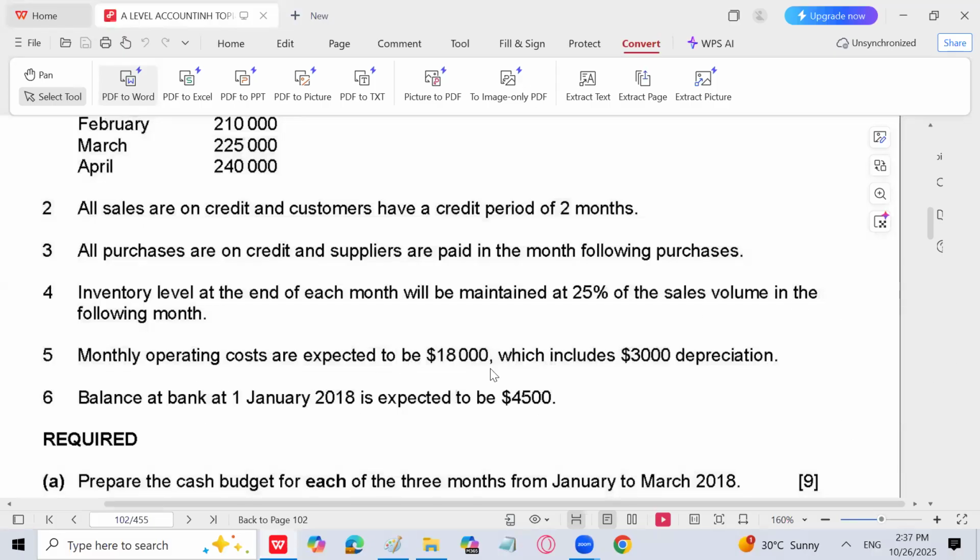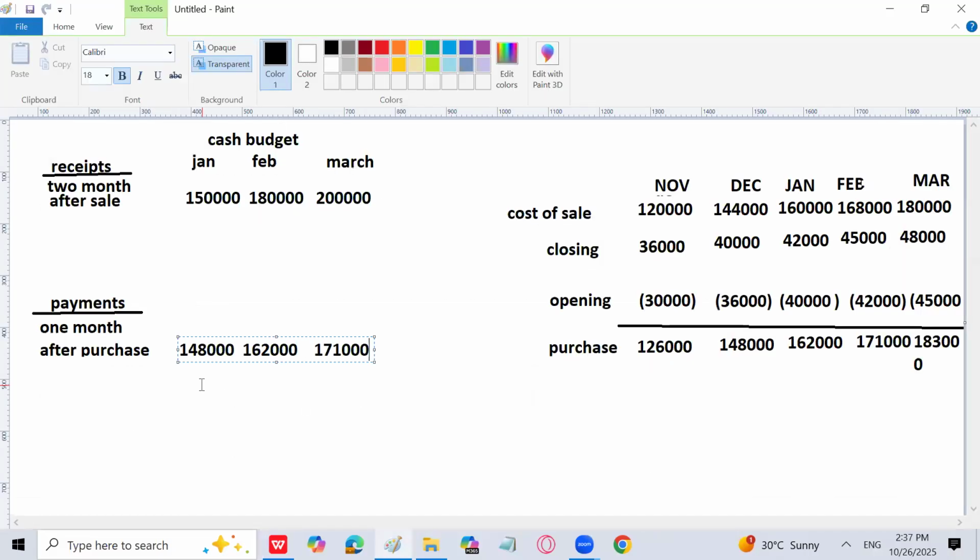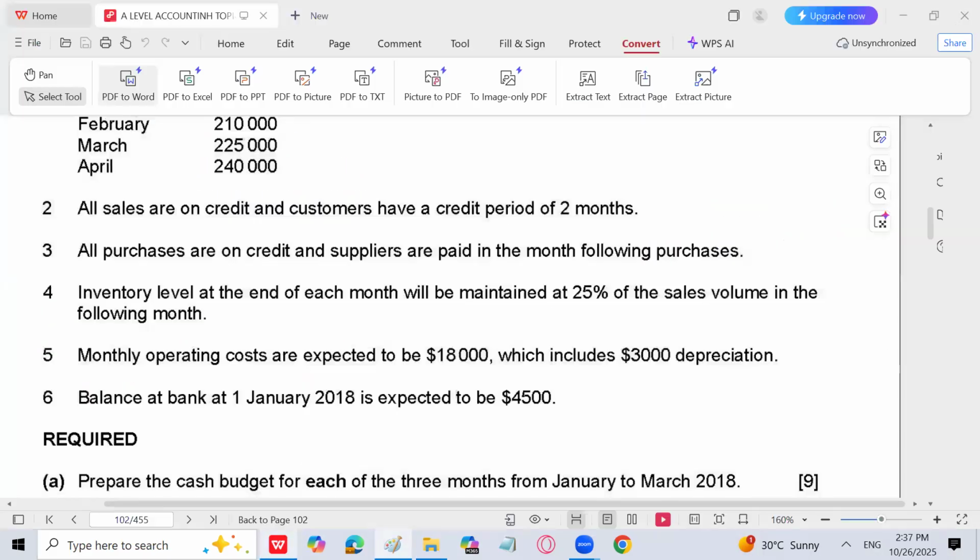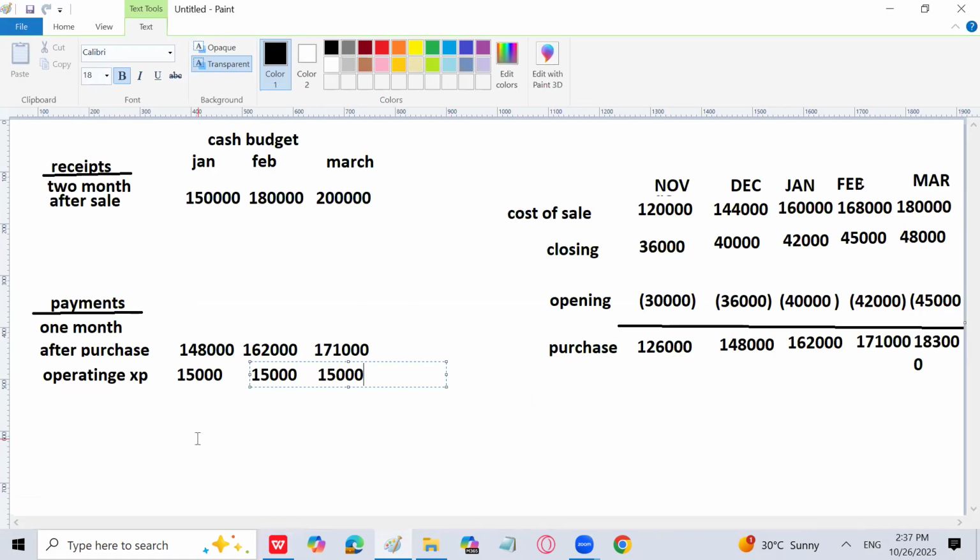Now the operating expenses are 18,000, which include 3,000 depreciation. So it means that the operating expenses for each and every month is going to be how much? 15,000. Right? Because 3,000 is the depreciation, which won't come. So that is going to be 15,000. Any other expenses? No. Balance at bank is expected to be 4,500 on 1st January.